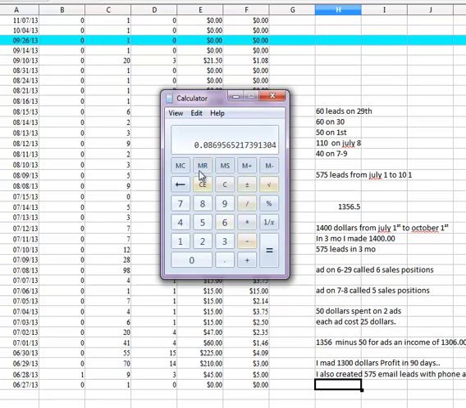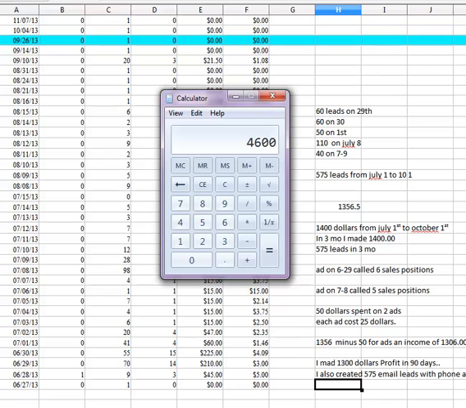Let me reverse that. So if I take 8 times 575, it should equal 50. That's not 50.